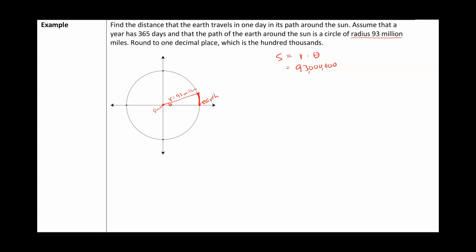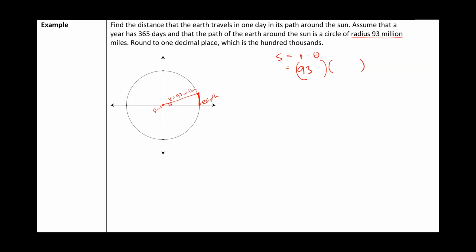Actually, because it's given as 93 million, I'm just going to keep r at 93, and we'll say that it's in millions. So we have 93. All we're missing is theta. So we want to know, what is that angle in one day? What is the angle of rotation that the Earth travels?